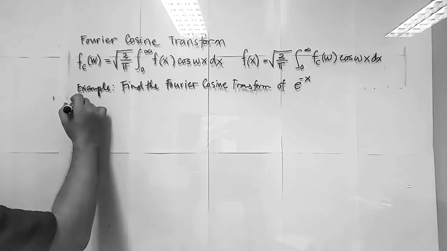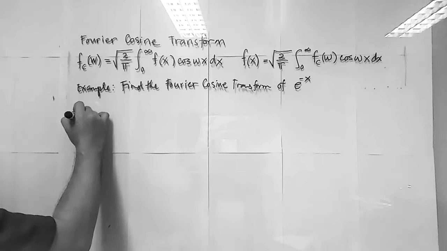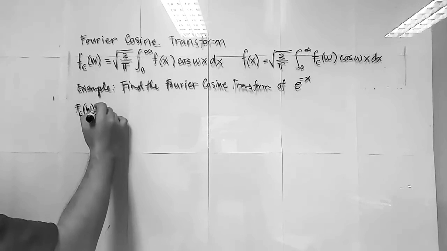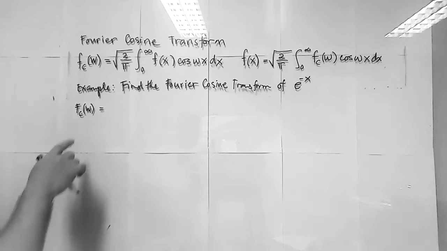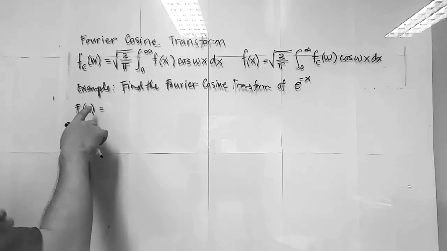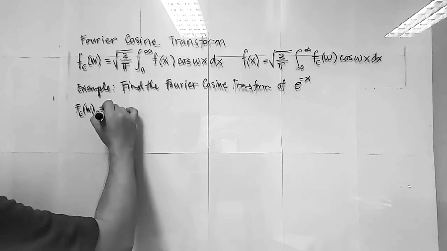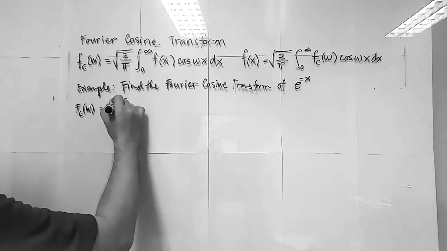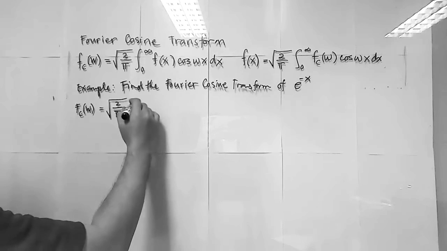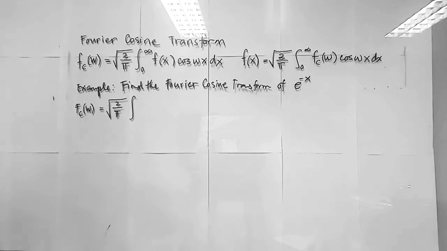So we have the Fourier cosine transform of our function f of w, or we can make use of f of e raised to negative x. So that is equivalent to the square root of 2 over pi. Okay, so we have here our limits, that is from 0 to infinity.